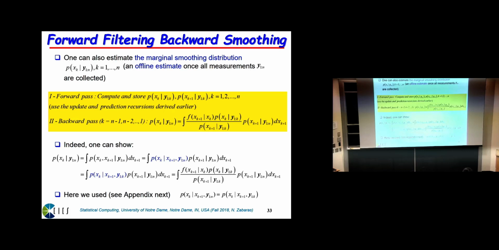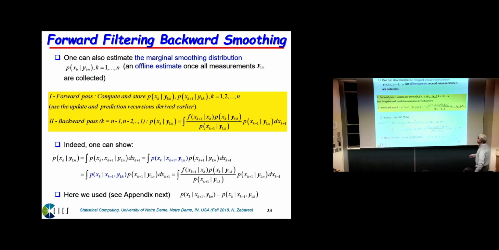So remind me, what's the filtering distribution? What did we call filtering? The marginal of x_n given what? y_1 to n. So basically, at each time, having all the data, all the observations, what's the state x_n?